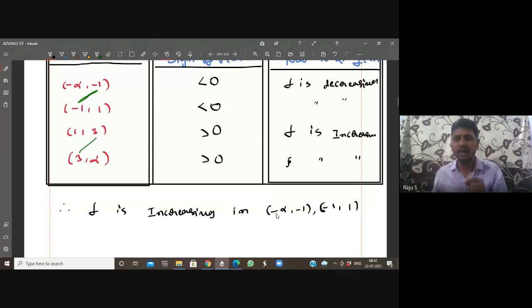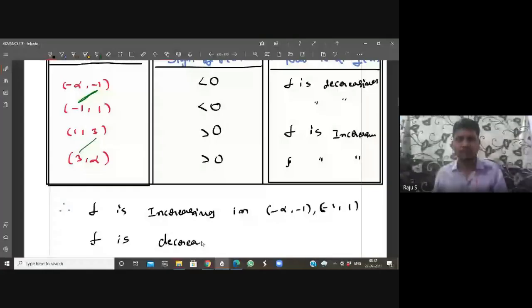Why don't we write minus infinity to 1 directly? Is it possible? No, sir. Because minus 1 is a point of inflection. Next, decreasing. So f is decreasing from minus infinity to minus 1. Oh, sorry, increasing. First, I'm going to write increasing, otherwise you can change it here.